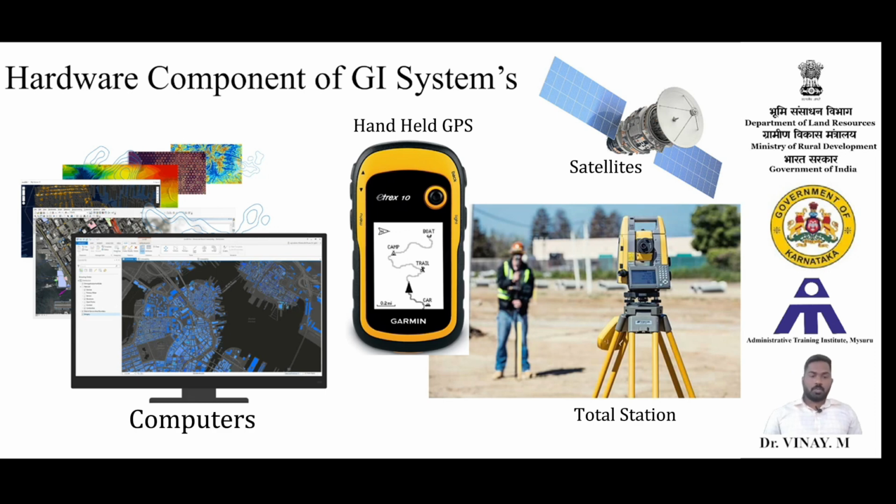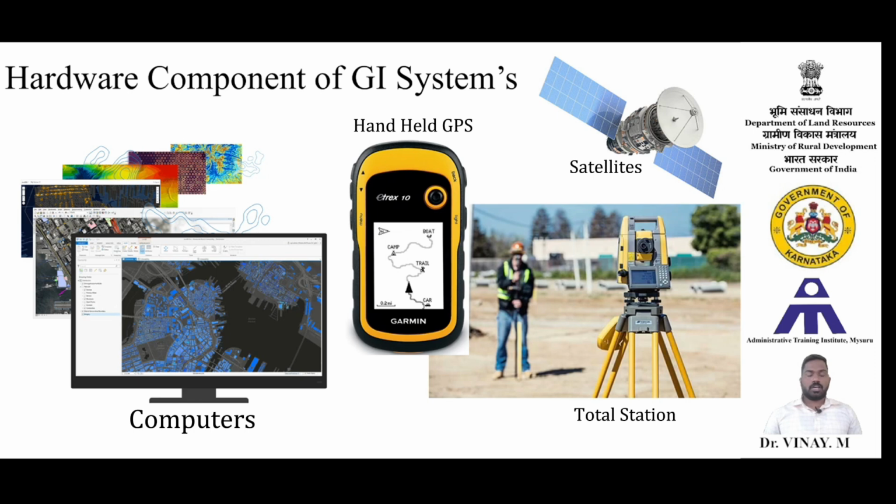For example, the computer system, the monitor used to display the information, and the keyboard used to input the data are all part of the hardware component. And all the survey instruments like a GPS, a satellite, a drone, a total station, all the physical components of a system, we call the hardware component of a GIS system.